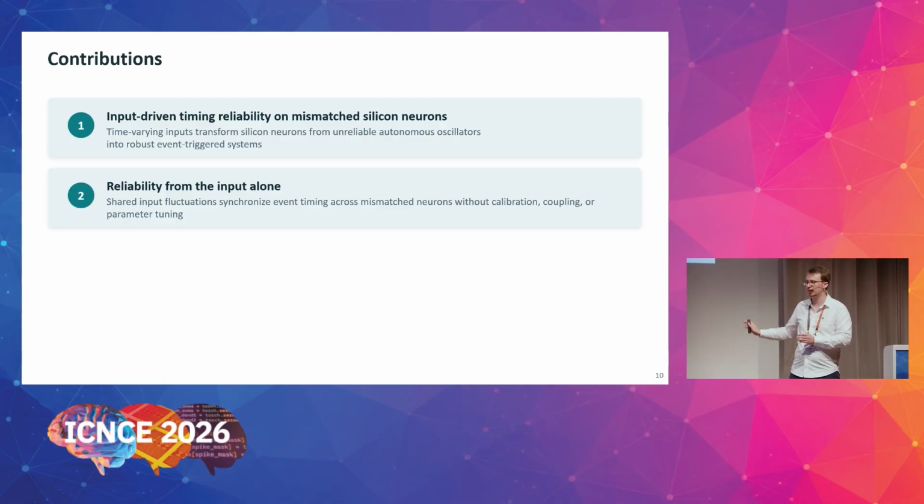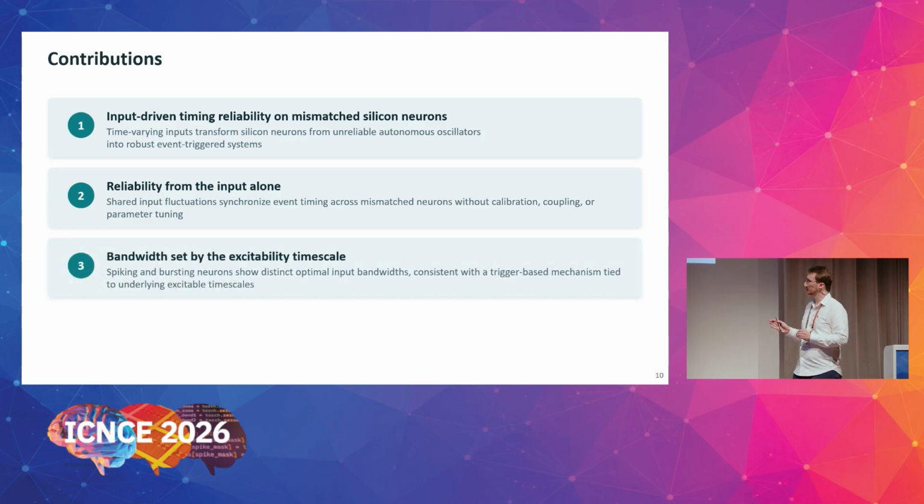There are no synapses on this chip even, so it's really coming from the input dynamics. And third, we hypothesized that the excitability timescale was acting on the bandwidth of the neurons.